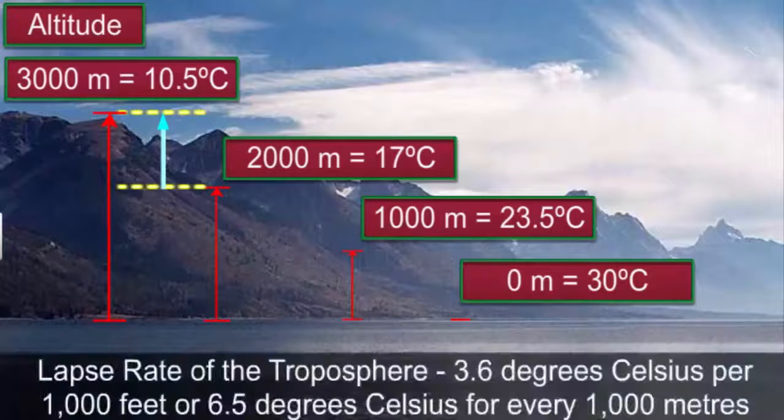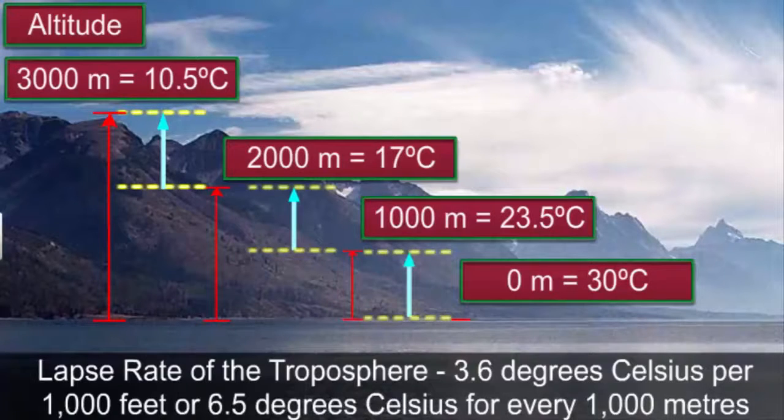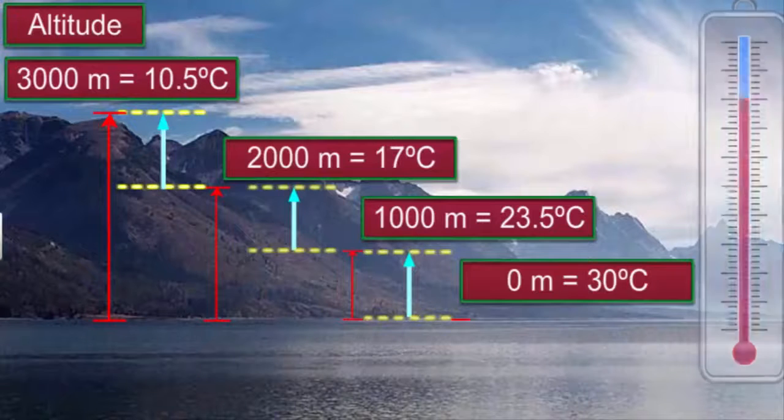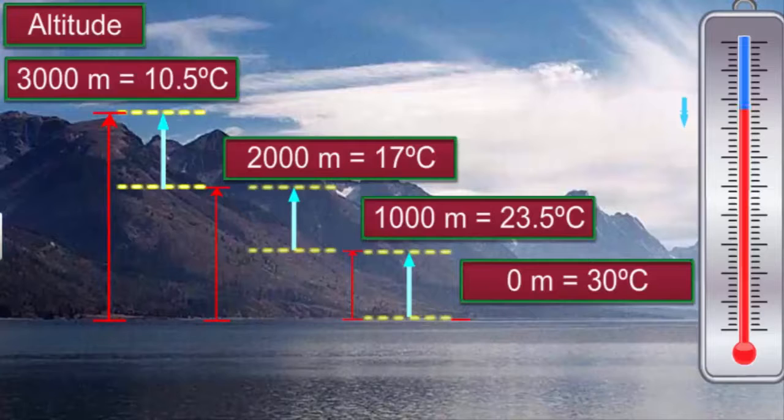On an average, the lapse rate of the troposphere is 3.6 degrees Celsius per 1000 feet or 6.5 degrees Celsius for every 1000 meters. This means that for every 1000 feet that one moves into the atmosphere, the average temperature drops by 3.6 degrees.